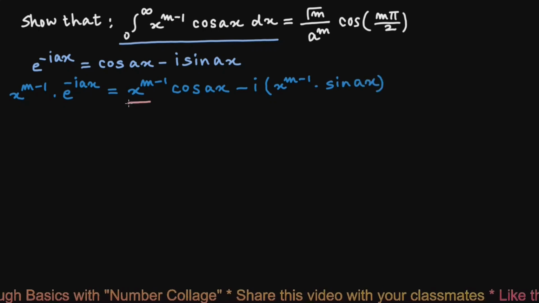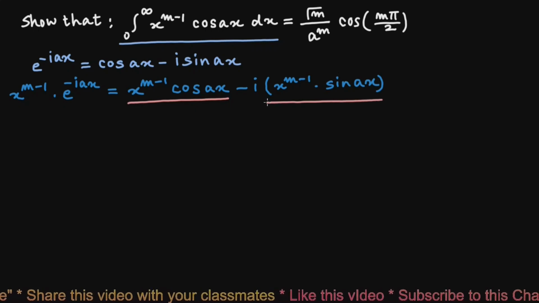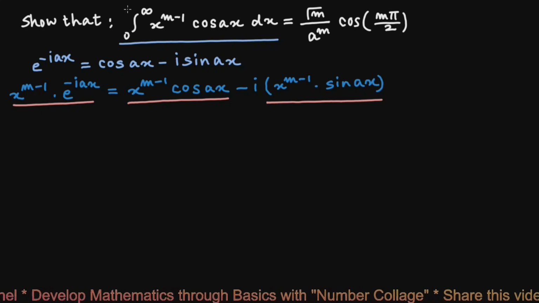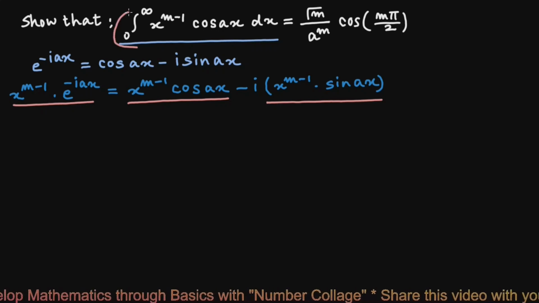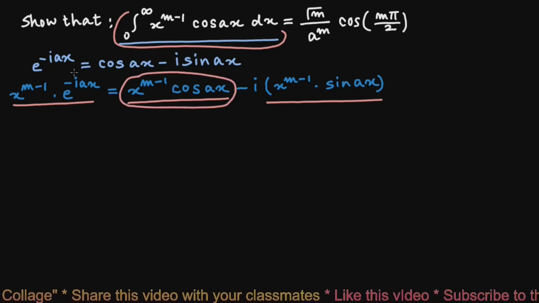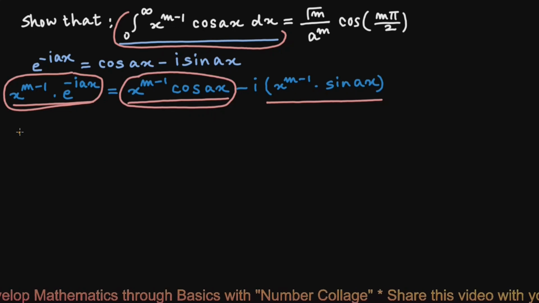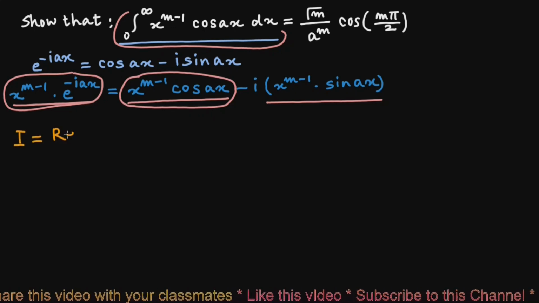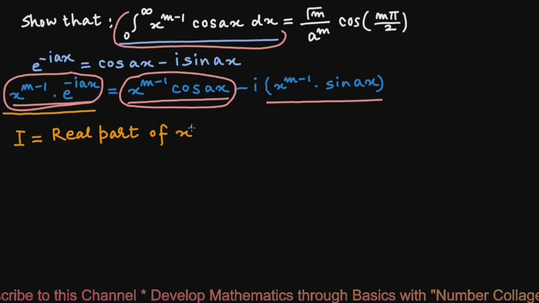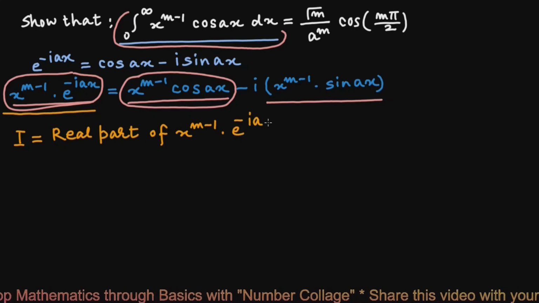Now this is the real part and this is the imaginary part of this complex number, and the integral that we are given to prove is the same as the real part of this complex number. So the integral that we have to prove is the real part of this complex number x raised to m minus 1 into e raised to minus iax.